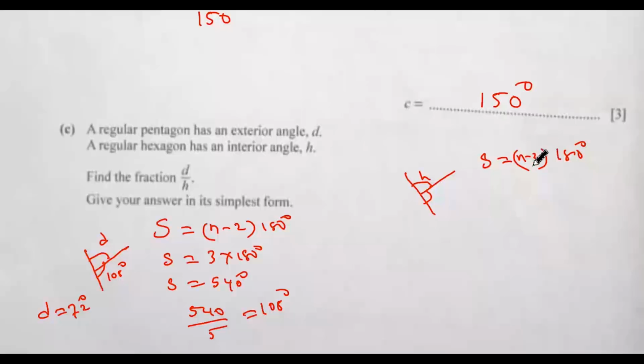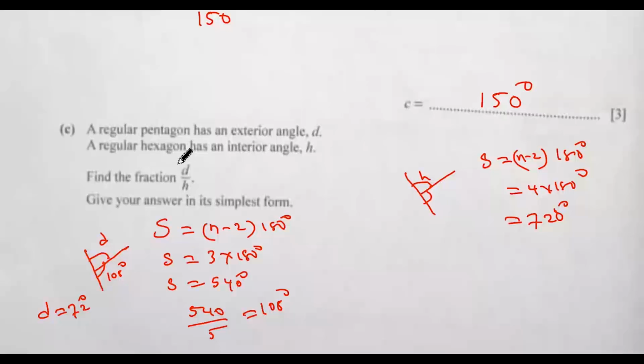But we know that n is equal to 6, so that will be 6 minus 2, which is 4, so 4 times 180 degrees. If you do this, we're going to get 720 degrees. That will be the sum of the interior angles in a regular hexagon.